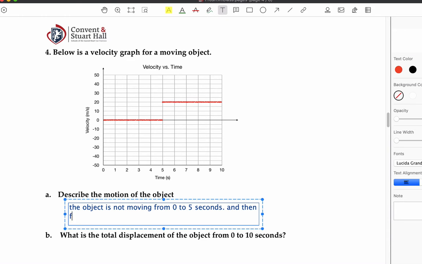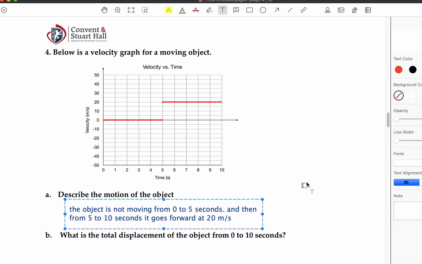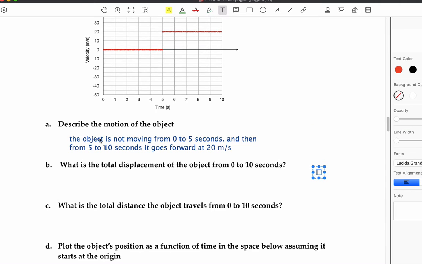And then from 5 to 10 seconds, it goes forward at 20 meters per second. So when we get the total displacement, let's be clear, the displacement is going to be the total area. And to get that, I'll actually use a different color here.